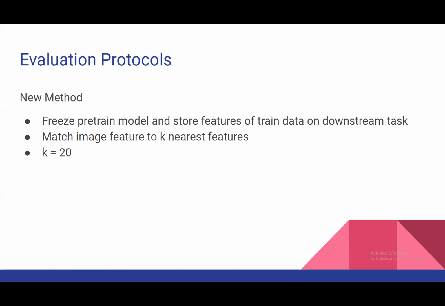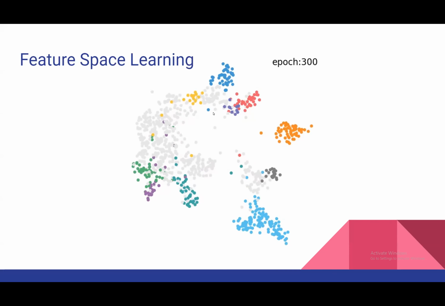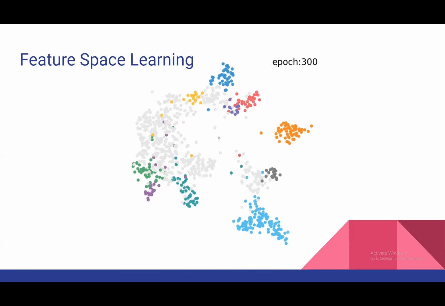This works particularly well in this paper and is one of the main results they want to show. Here we have an animation of the features being learned over time. As you can see, they all start here randomly, and then as the epochs go up and the model is trained, the features separate into different clusters.